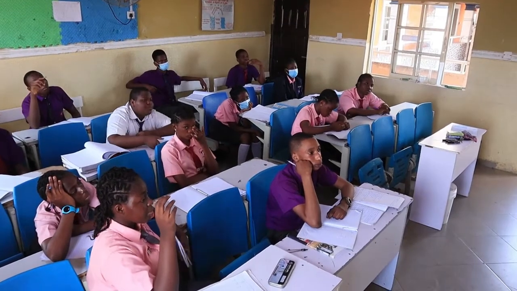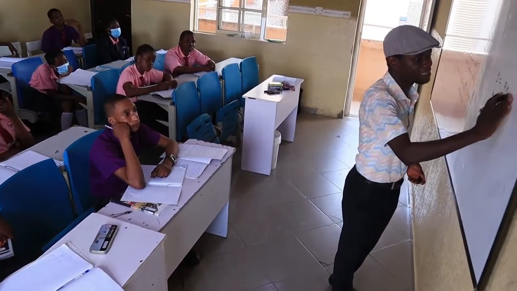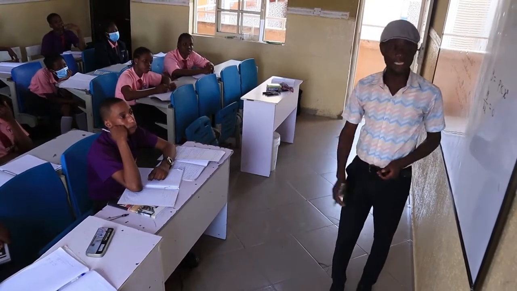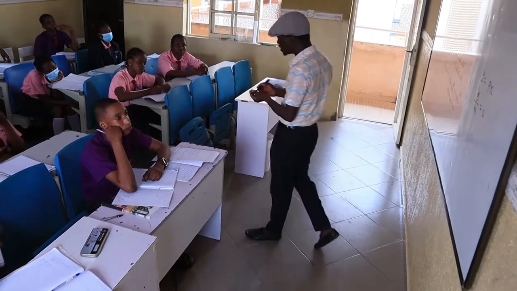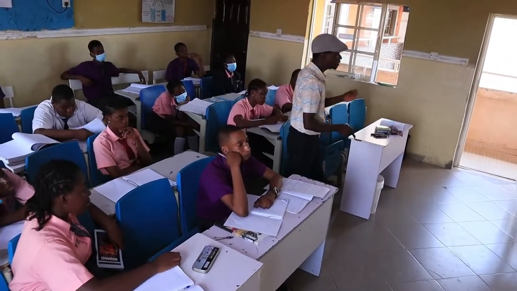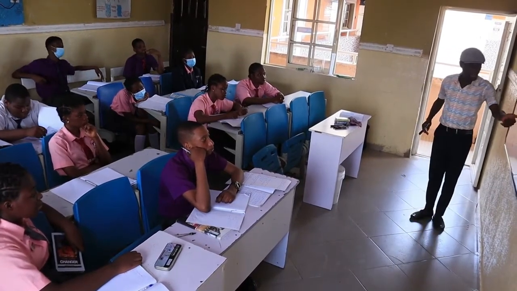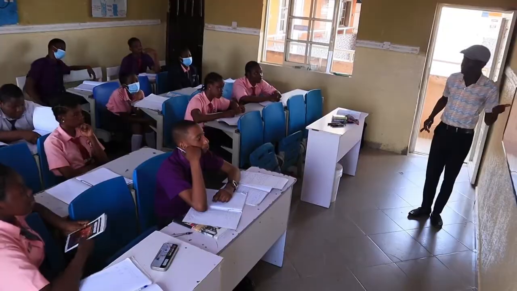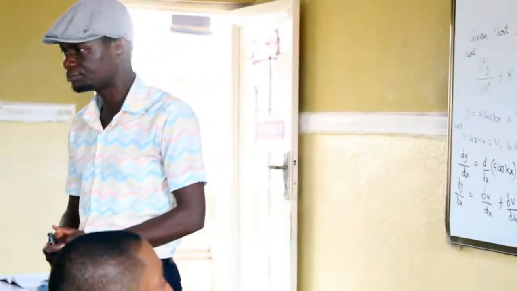Because x is not here, we can put it as x raised to the power 0. The absence of x here makes the differentiation go to 0. That's what we call differentiation of a constant. If you had put y here, definitely you would have got 0 because there is no presence of y here. That's the area I want you to understand.